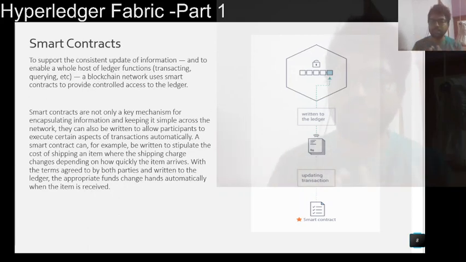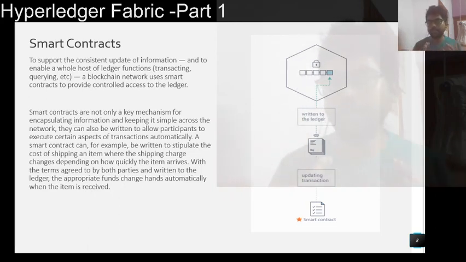If you don't have a smart contract in the blockchain network or your node, you cannot access your ledger. People think a smart contract is for a complex use case, or for some kind of transaction.